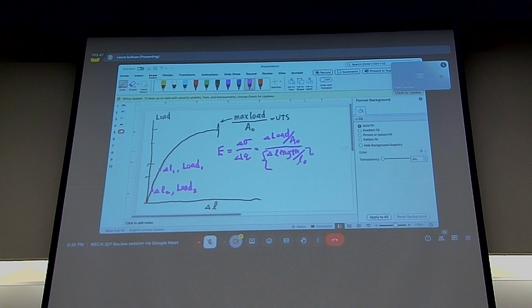Change in length over the original length, that's change in strain. Change in load over the original area, that's change in stress.